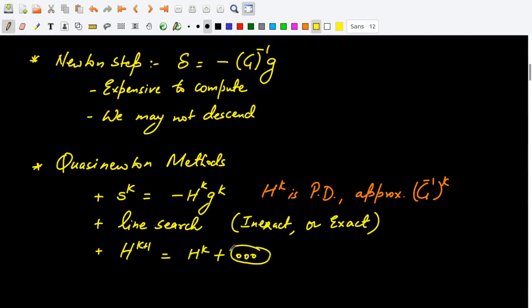And what we add here leads us to the type of the quasi-Newton method. So depending on whether this term is a rank 1 update we might get a different formula. If it's a rank 2 update, as we will see today, we can get many different formulae. And depending on what we choose, the method may or may not differ from others. And this continues until we converge.